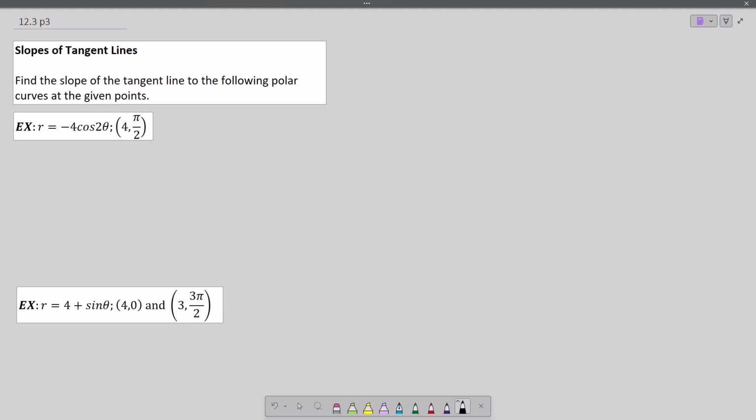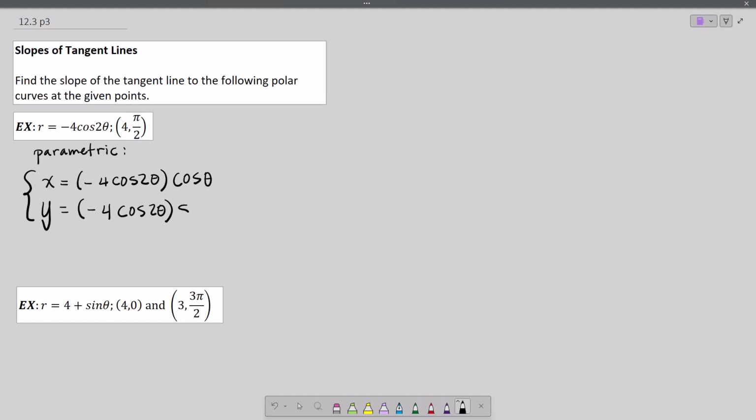We're going to take this curve that's in polar form and represent it parametrically. So x will be -4 cosine of 2 theta, that's r, multiplied by cosine of theta. And then y is the same r value, the function, multiplied by sine of theta.